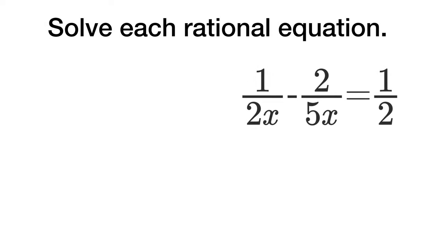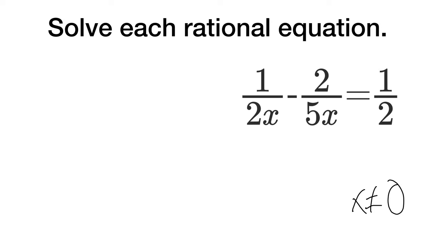All right, let's try this one. First off, x cannot equal 0. Now that I know that, let's see. Greatest common factor between 2x and 5x is going to end up being 10. So this becomes 5 minus 4. 5 minus 4 is, oh wait, sorry, x can't equal 0.